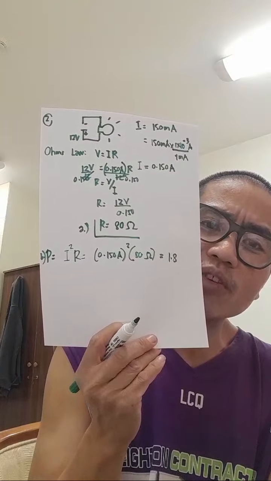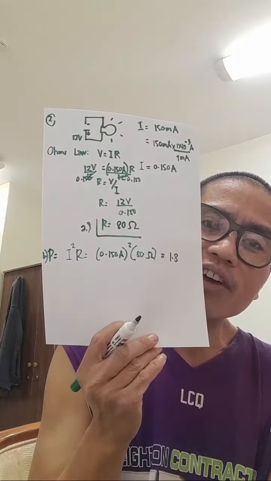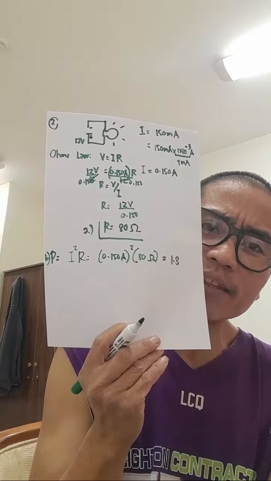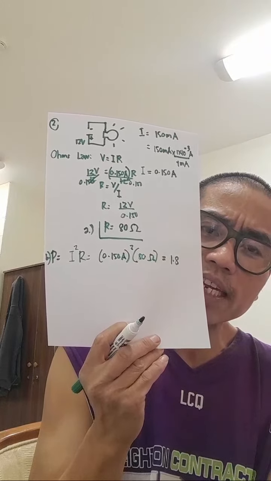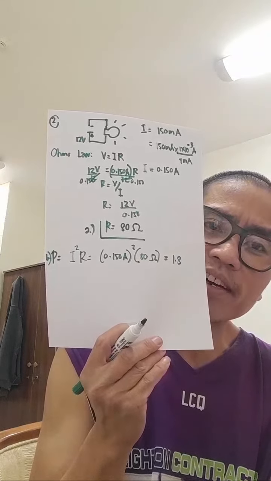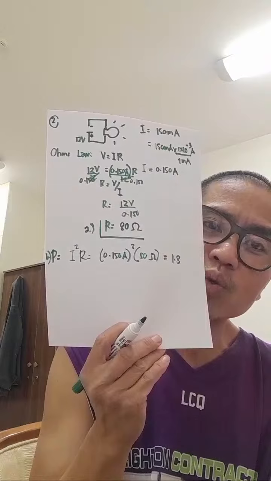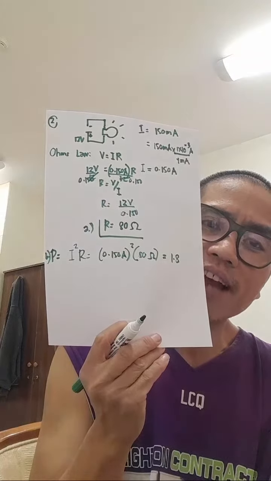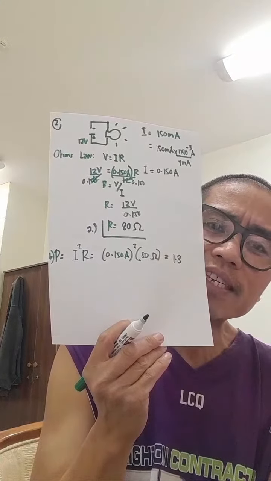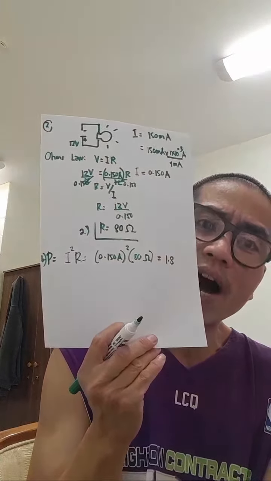The unit of current is ampere and ohm is the unit of resistance, and you multiply that, and you take the current raised to the power 2, so ampere squared times ohm is equal to watts.